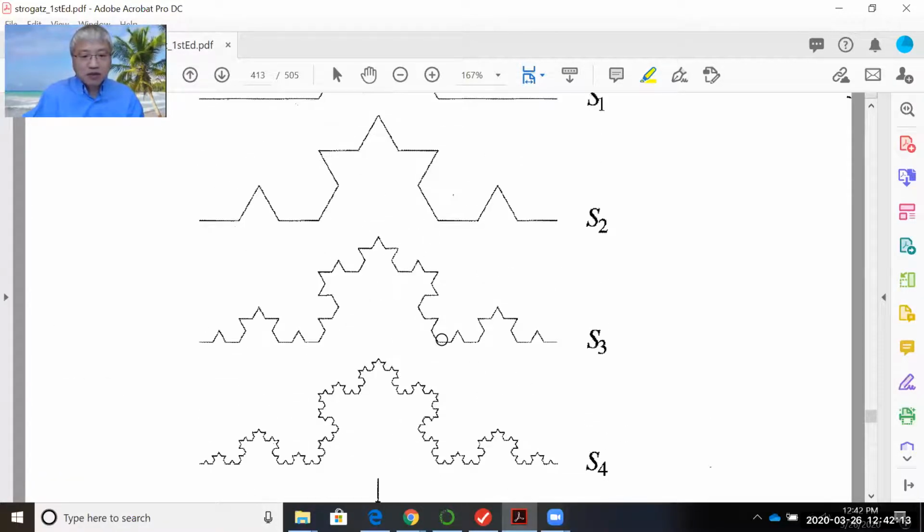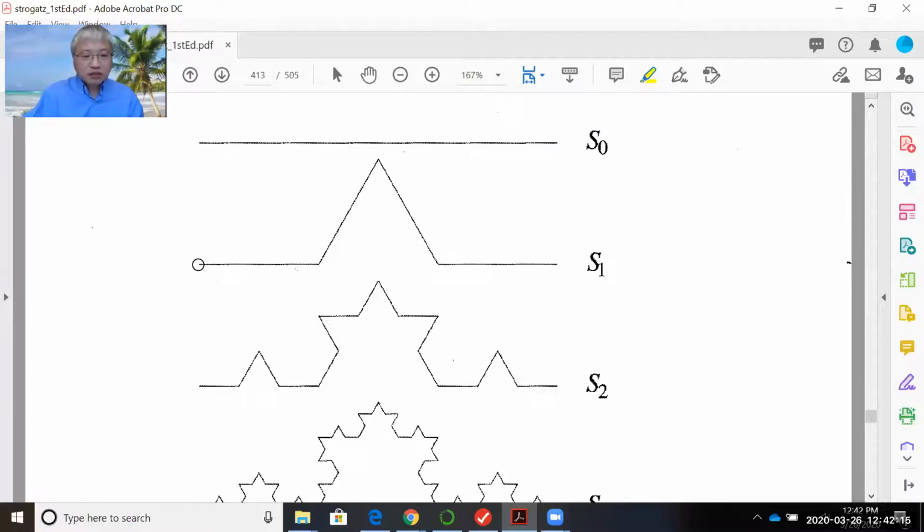But then if you use a ruler scale which is 1/3 of a mile as a basic unit, then you see a little bit of complexity. So now that coastal line becomes 4/3 of a mile. And then if you take 1/9 mile as your ruler, now your coastal line length is 4/3 squared.